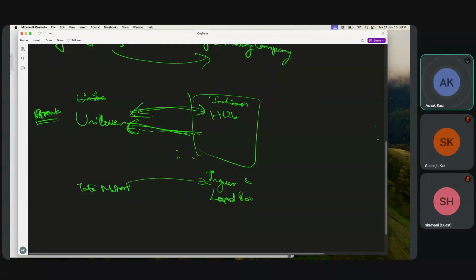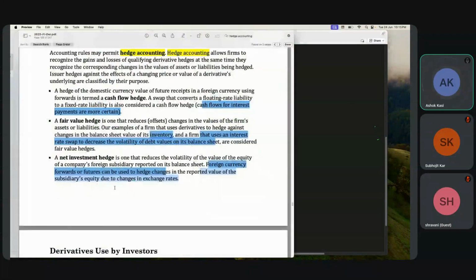These are UK products that they sell in UK. So they are making revenue in UK, right? So obviously, when they bring it to India, the exchange rate can bring a lot of changes. So they tend to hedge that. So that will fall under net investment hedge.